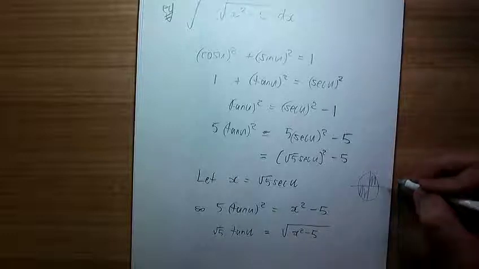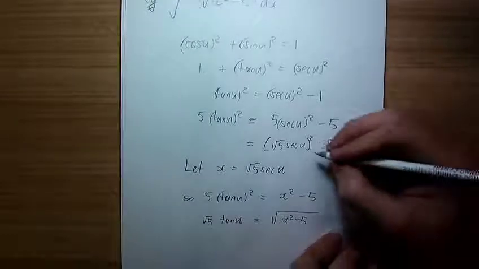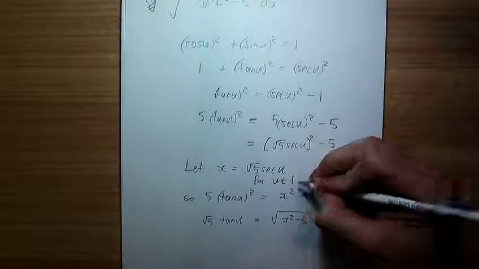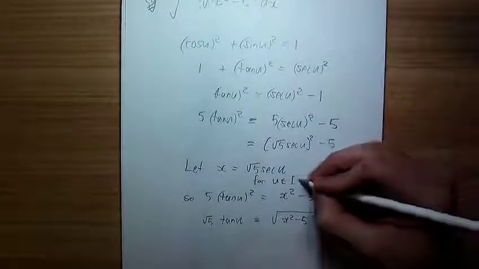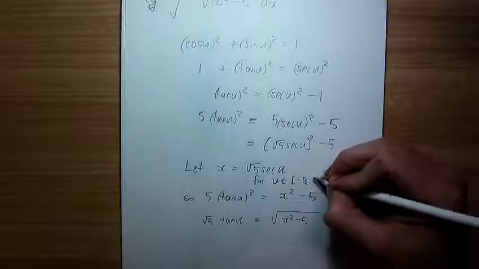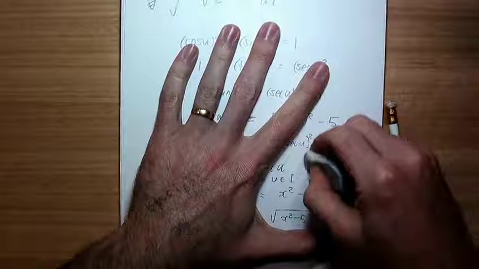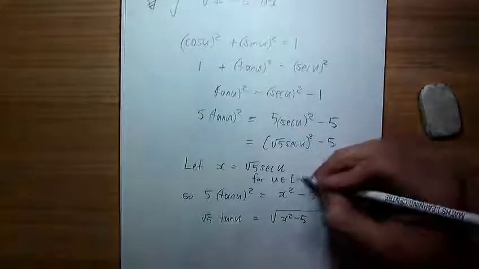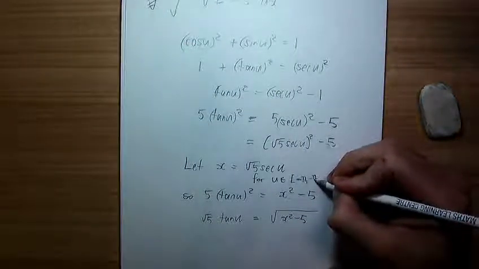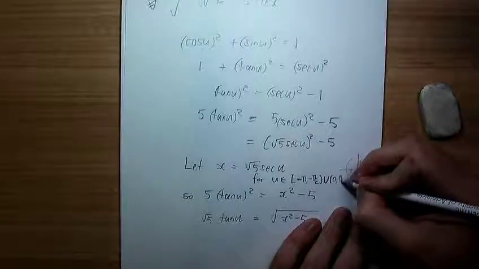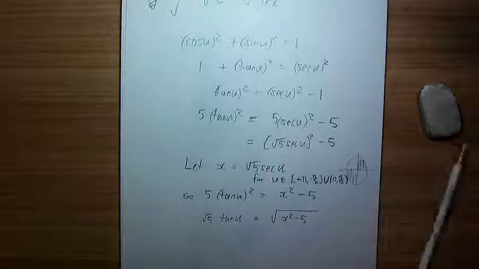Tan's positive there, so I'm going to need to say that for u is in, man, how do I do that? Minus pi on 2 to minus pi. Oh, that's the wrong order. And from 0 to pi on 2. Excellent.